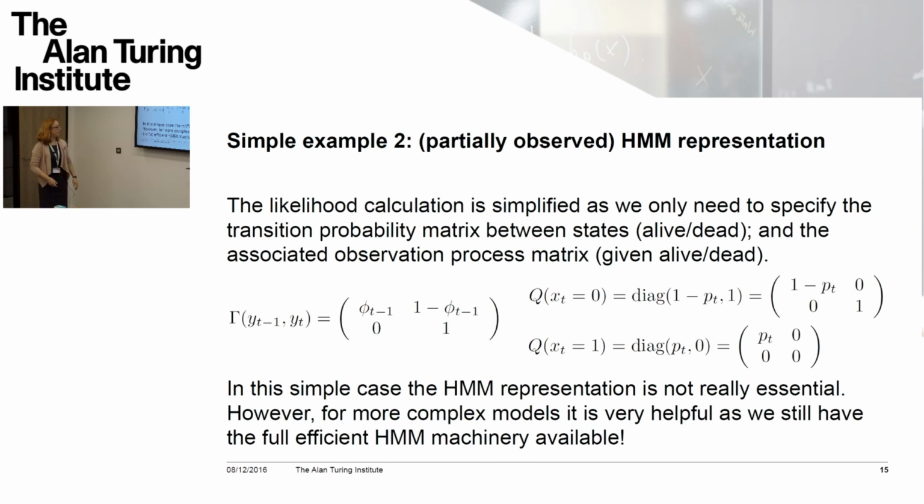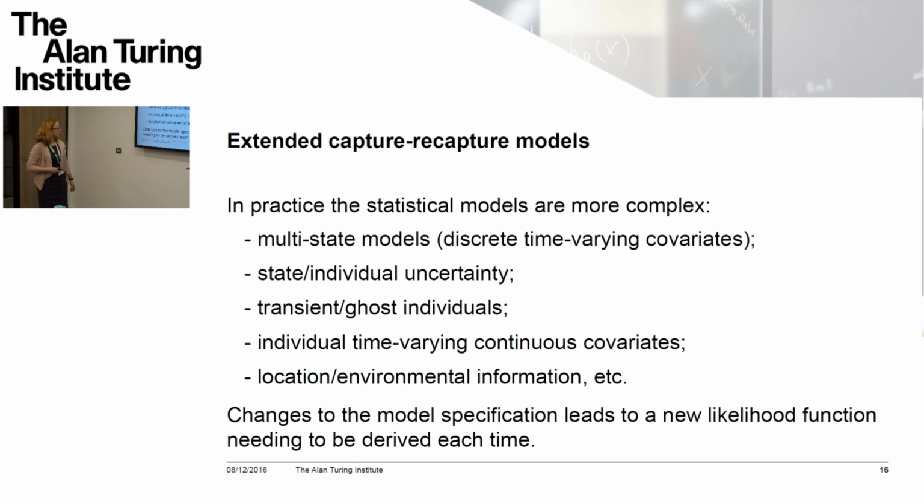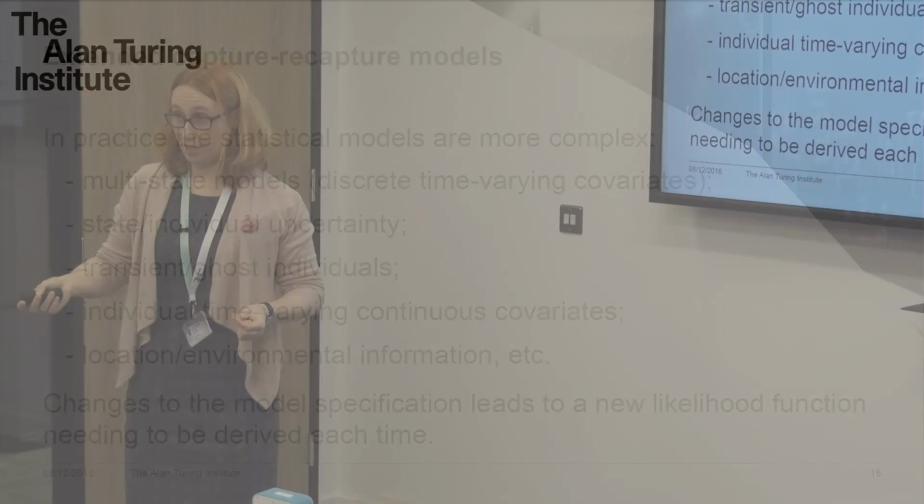No worries whatsoever. We didn't need it here, but the idea is that these models are really simple, and they get a lot more complicated. These extensions become much simpler if you put them into the hidden process model framework. For example, multi-state models, where animals can be in different states, breeding or not breeding.